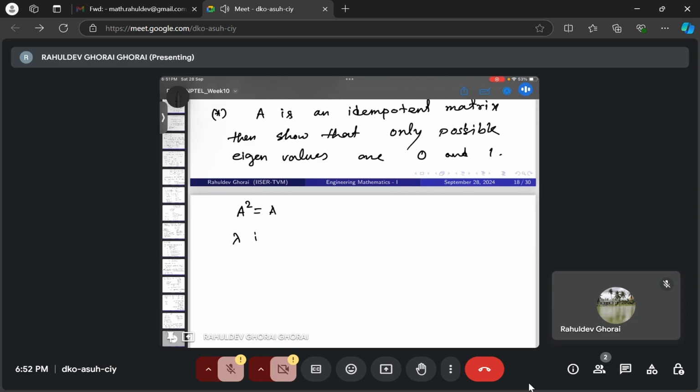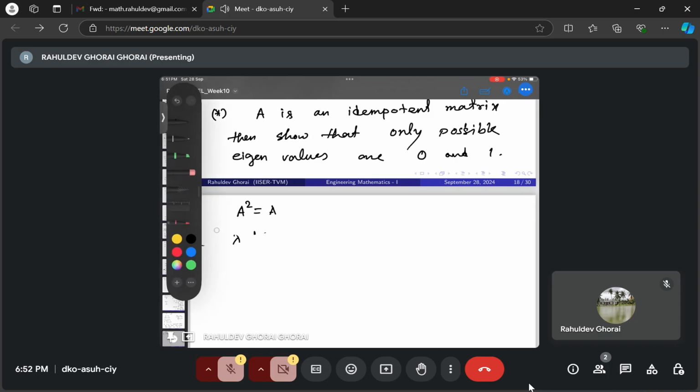So let lambda be an eigenvalue of A. Then there exists x not equal to 0, I mean the 0 vector here, such that x is an eigenvector, right?